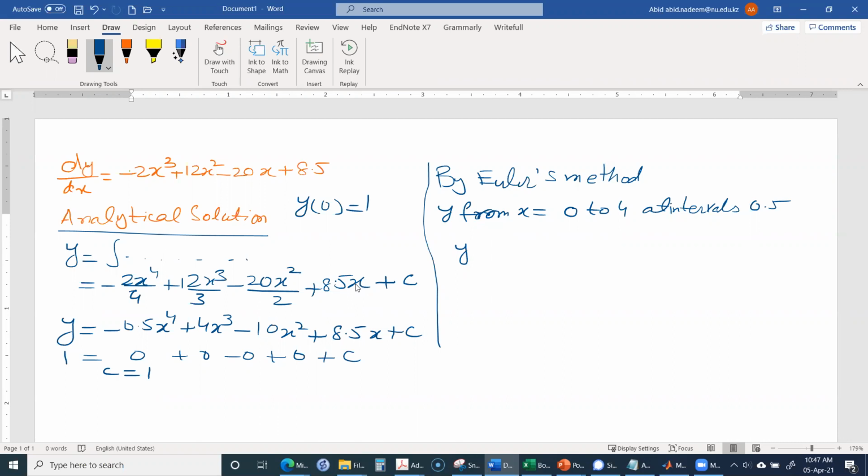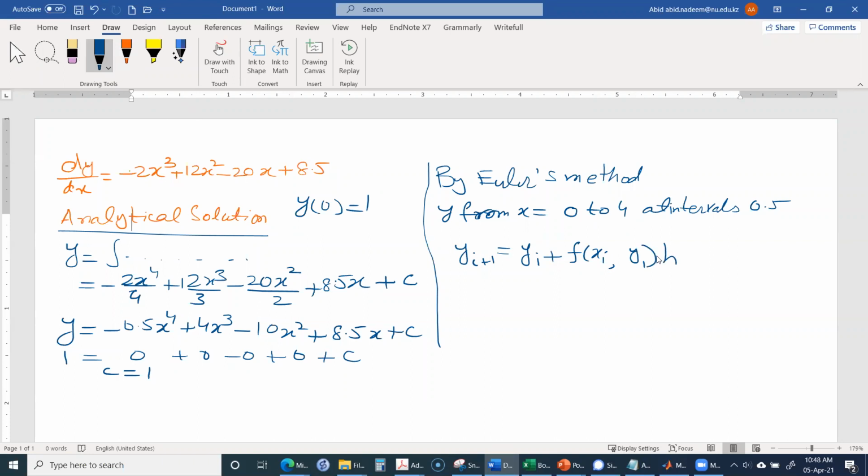what is the Euler's equation? Euler's equation is y_(i+1) equal to y_i plus f of x_i, y_i times h.